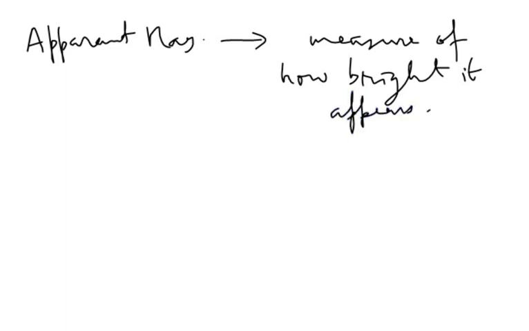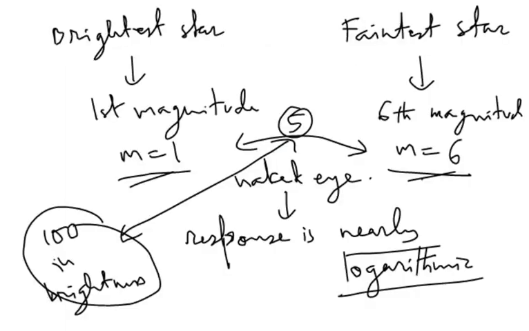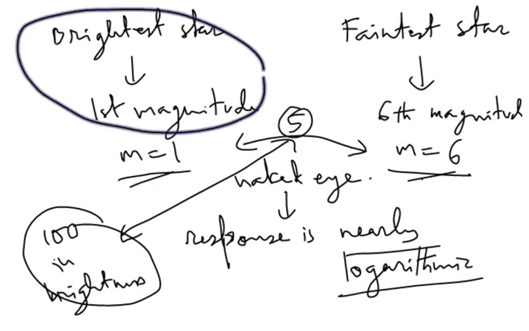Now according to this magnitude scale, as I have just shown you previously, a smaller magnitude means a brighter star. Here, this one has magnitude 1. So we have to define such a thing.